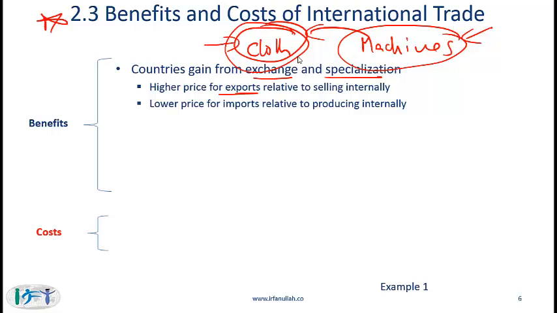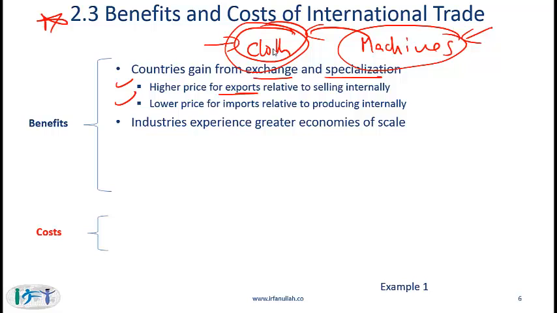Also, with imports, if this particular country imports machines and can get machines at a lower price when it imports relative to producing internally, then that also is a benefit of trade. So if either of these two situations occur, then we say that a country is benefiting from trade.